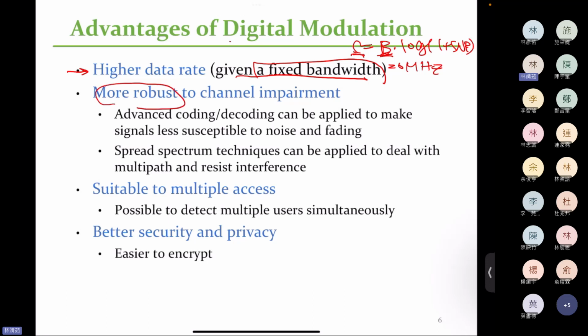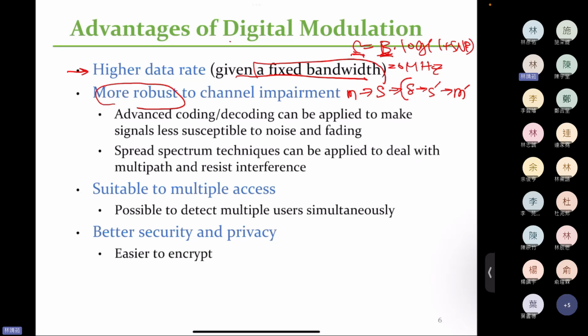When we say a modulation algorithm is more robust, what does it mean? It means that if you have some message M, you convert it to some A plus Bi signal S, and then add some noise and it becomes S prime and then M prime.